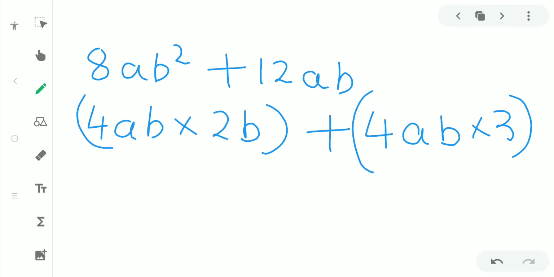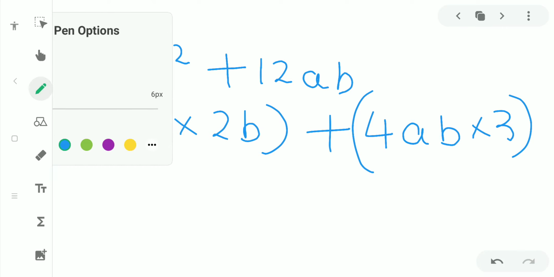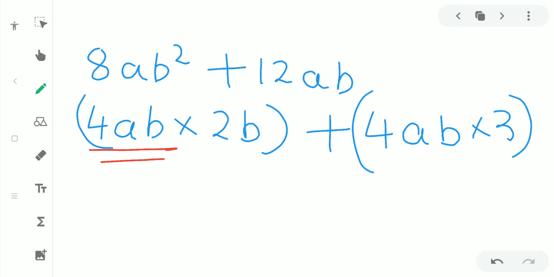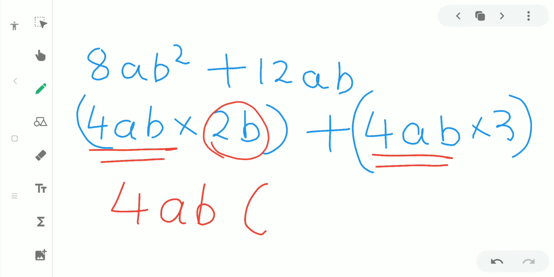Now taking 4ab common from each side, the remaining is 2b plus 3.